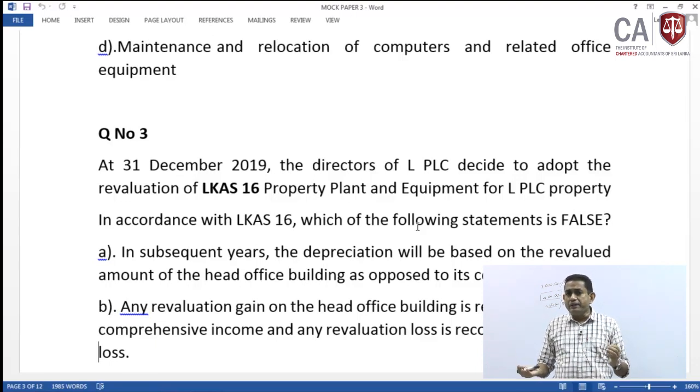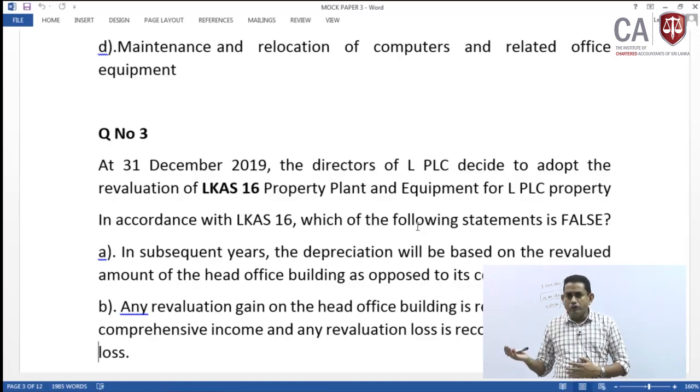and revaluation model requires revaluation gains to be taken to other comprehensive income, equity, unless it is a reversal of a previous revaluation loss. And under revaluation model, you recognize losses to profit and loss unless it is a reversal of a previous revaluation gain.